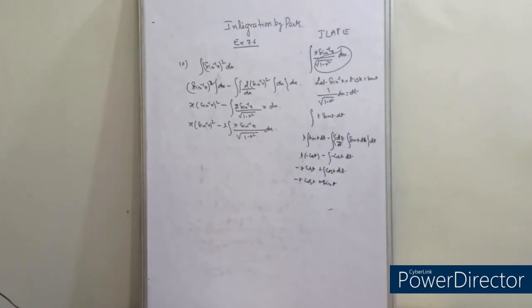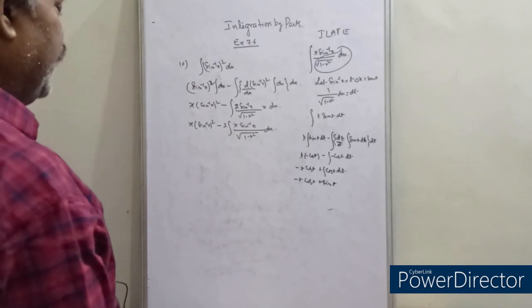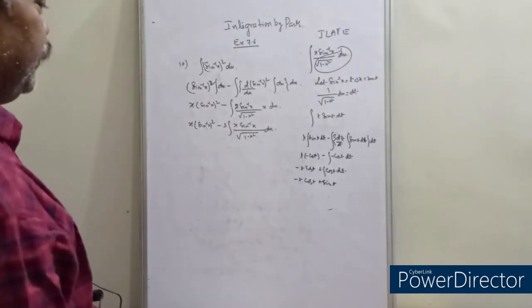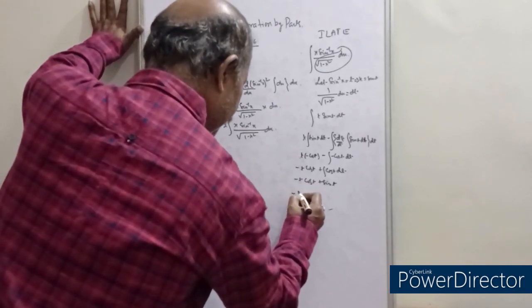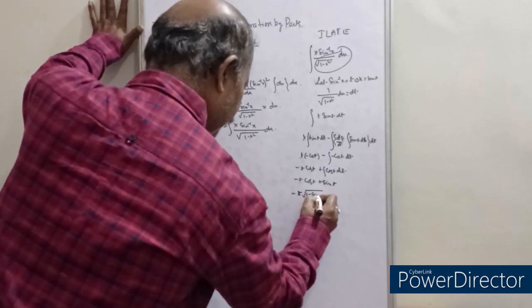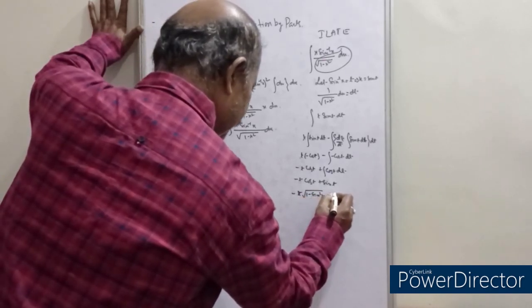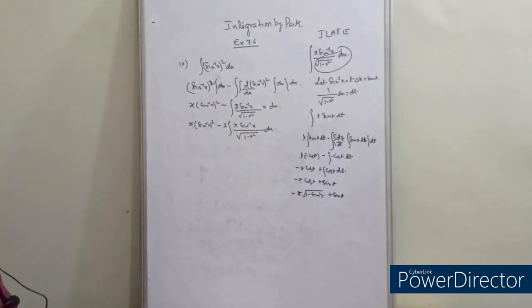Now here, because we have taken sine inverse x is equal to t, I am going to do it like this: minus t cos t, where you all know cos t equals the square root of 1 minus sine square t, plus sine t. This is cos t, because cos square theta plus sine square theta is equal to 1.